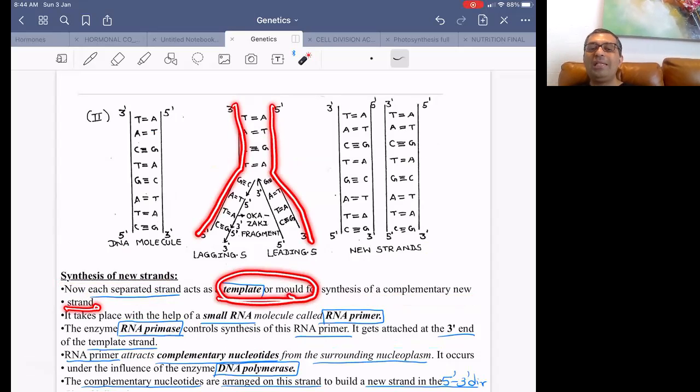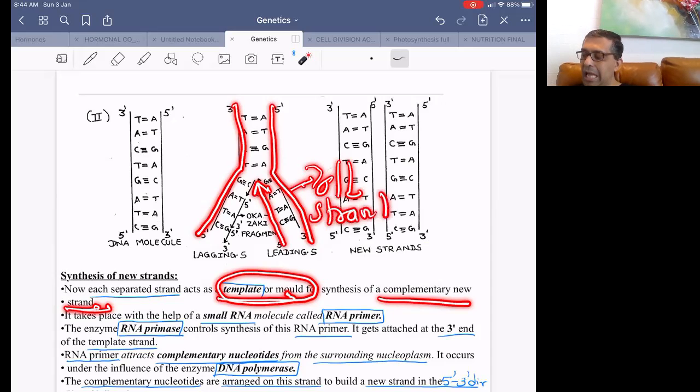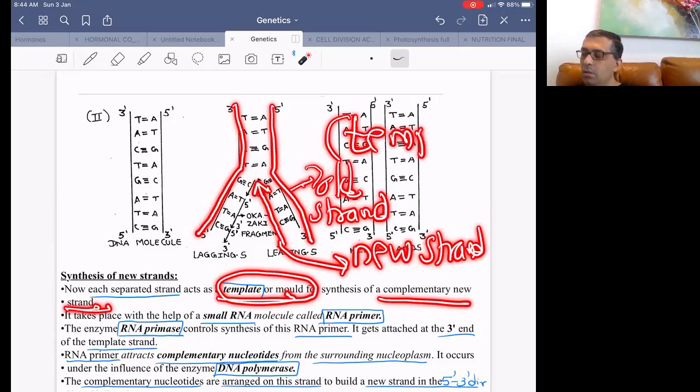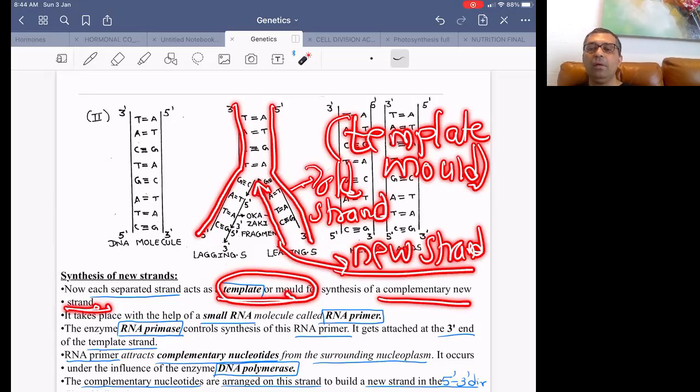The old strand is called template or a mold, और उसके ऊपर कॉम्प्लीमेंट्री न्यू स्ट्रैंड बनता है। मोल्ड के ऊपर ये बन रहा है न्यू स्ट्रैंड। सो दिस इज द ओल्ड स्ट्रैंड and this one is the new strand. What is old strand called as? Template or mold, और उसके ऊपर बनता है new strand.